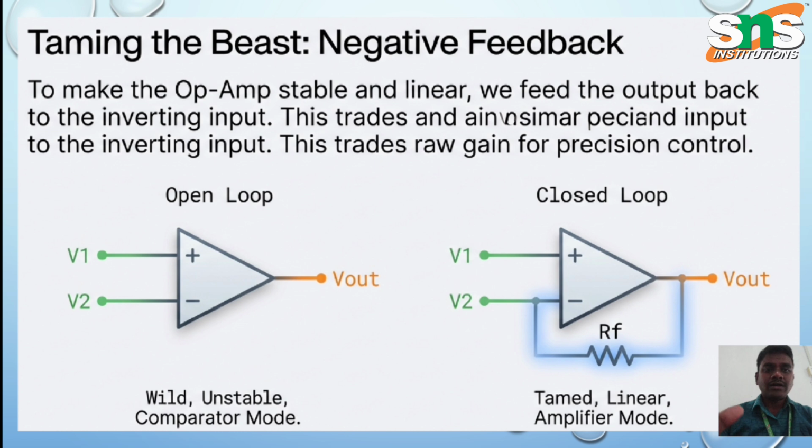This is the wild, unstable comparator mode; open loop means it's unstable. To stabilize the output voltage, we need the closed loop, the linear amplifier mode. We introduce the reference feedback resistance between V2 and Vout, and we get a stable output.